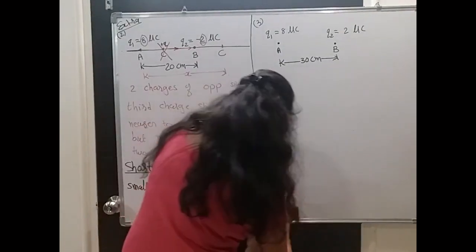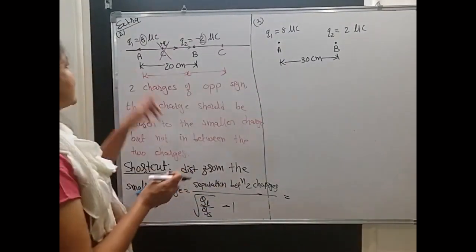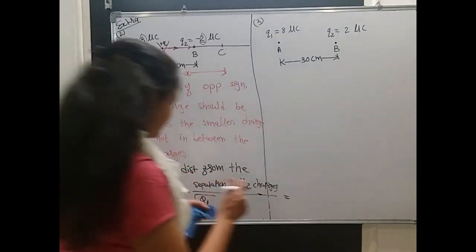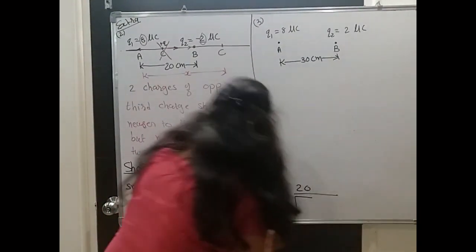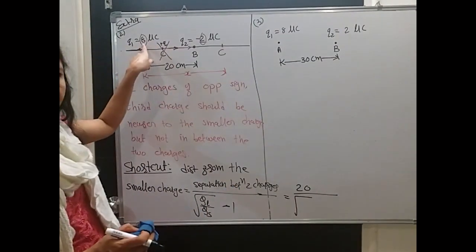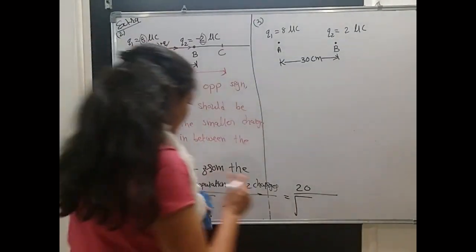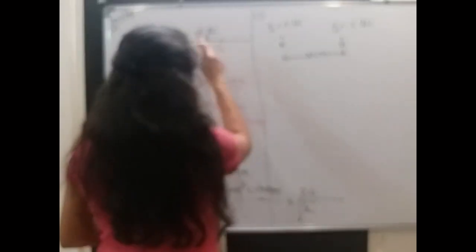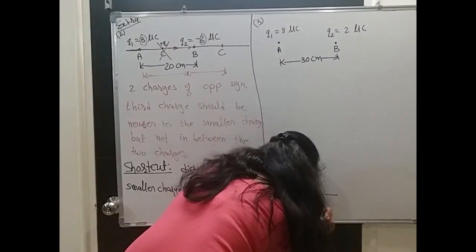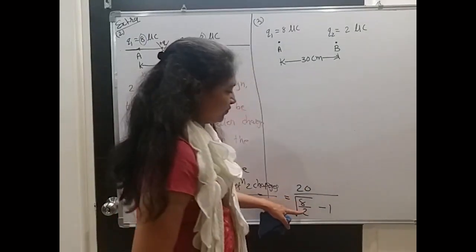Let us just calculate. Here the separation between the two charges is 20 centimeter, divided by the root of q larger, which is 8 microcoulomb, divided by q smaller, 2 microcoulomb, minus 1. Once again we consider only magnitude. 8 by 2 is 4.